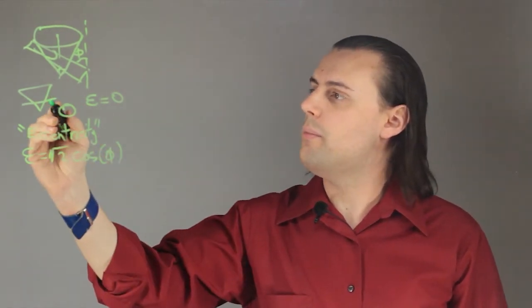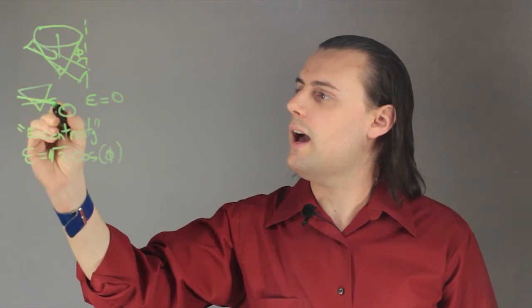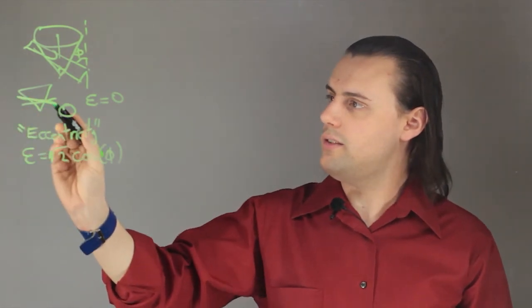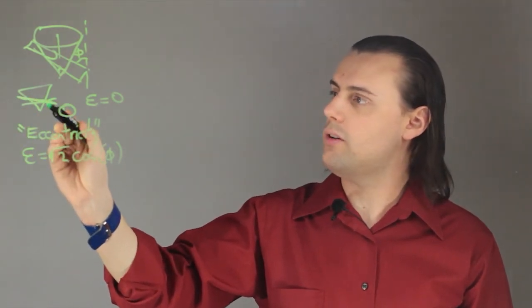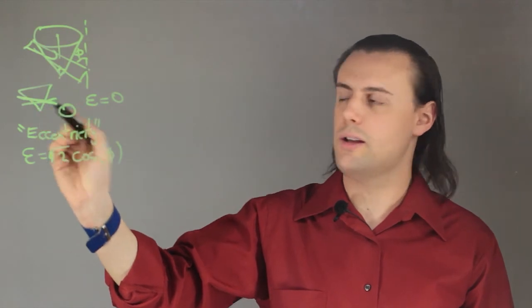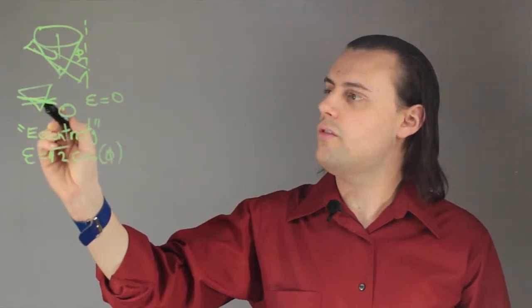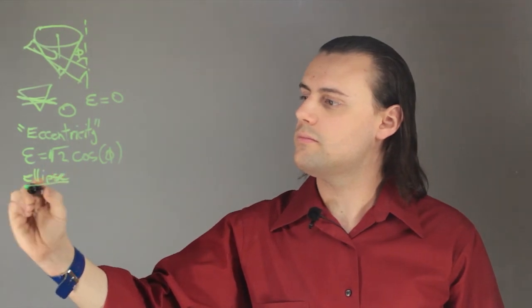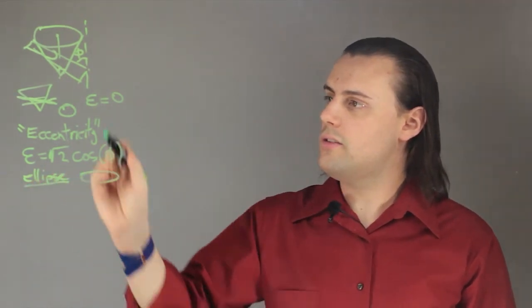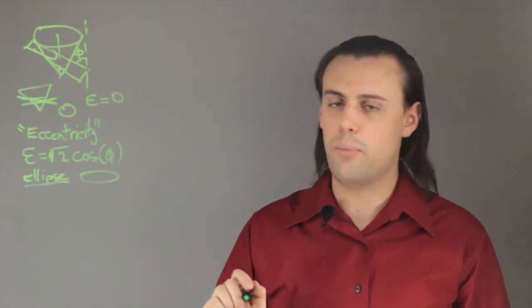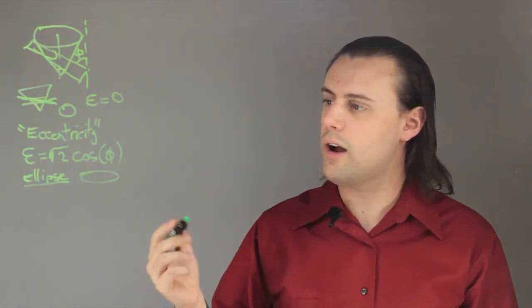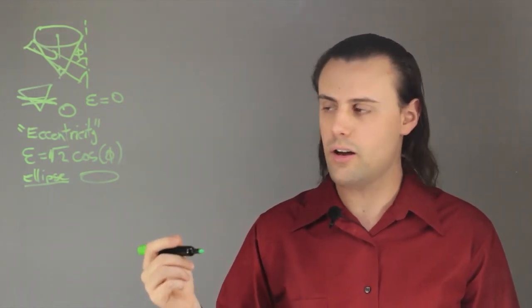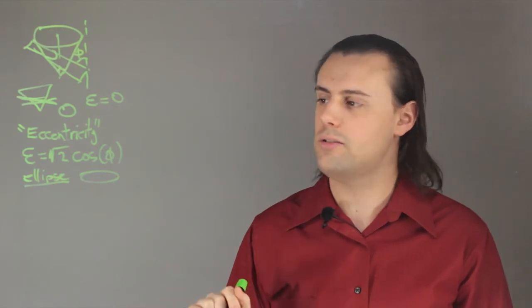So if the plane instead has this angle right here, so an angle that is less than 90 degrees, then the curve will be an ellipse. And circles and ellipses are important in physics because they describe the possible trajectories of stable orbits in space.